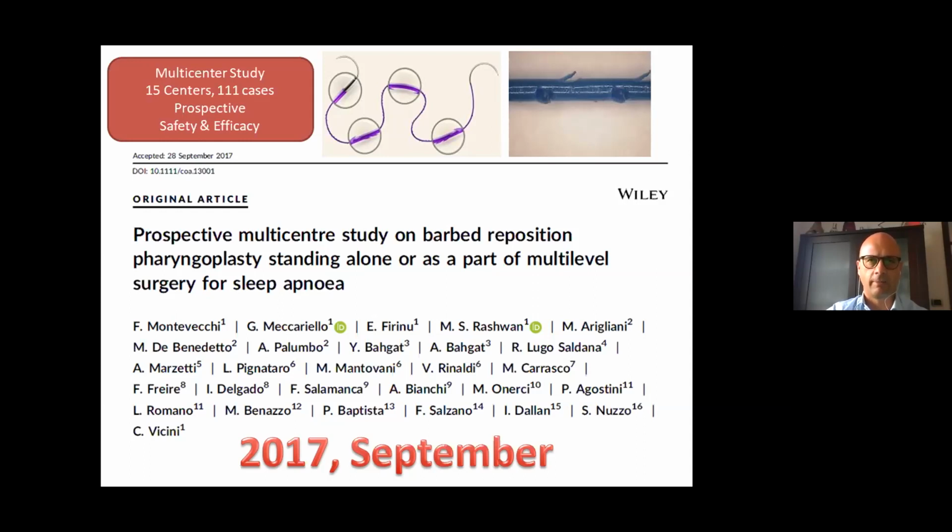If you cannot reproduce your technique, it is not so effective. Instead, we could demonstrate that it was possible to perform this suture in many centers, both in centers with a high volume of patients, but even in centers with 2-3 cases every year. You can perform this kind of technique because it's not so difficult.